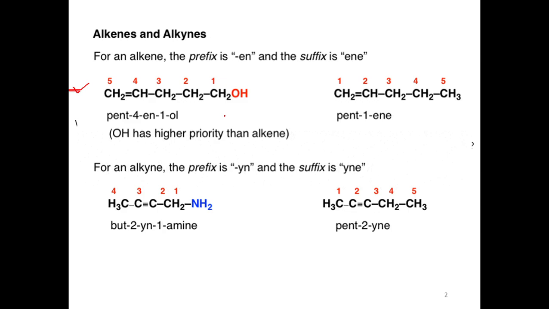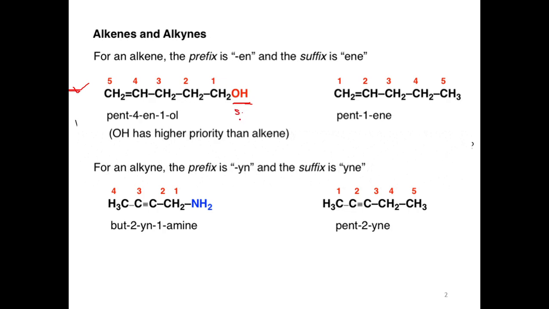So, first of all, we will see the suffix. Suffix means highest priority functional group. In this organic compound, you can see OH is the highest priority functional group, and there is no other group present on this parent chain. So we will consider this OH as a suffix.